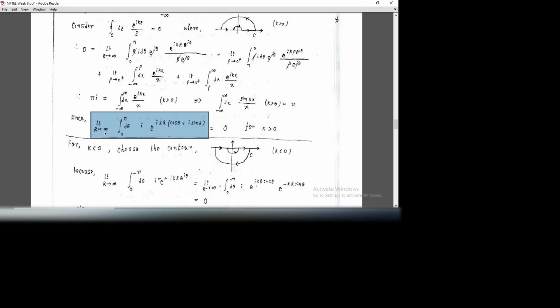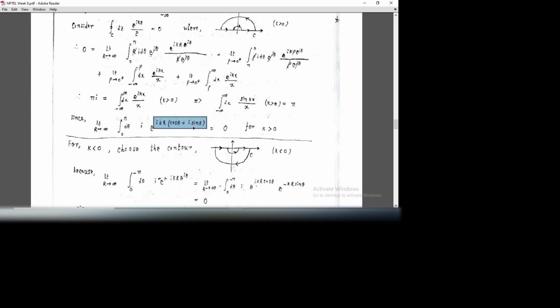And you see, when r is going to infinity, and sin theta, so we are in the upper half plane, and in the upper half plane, as we know, sin theta is positive, right? So let us look here. So e to the power i kr multiplied by i sin theta.